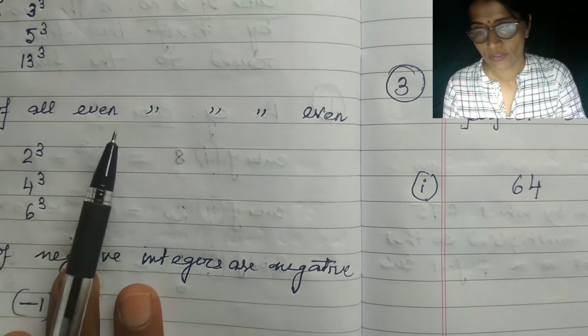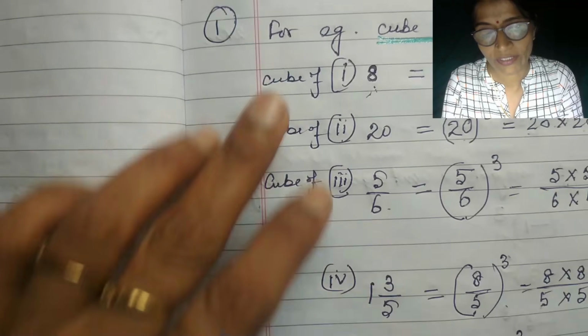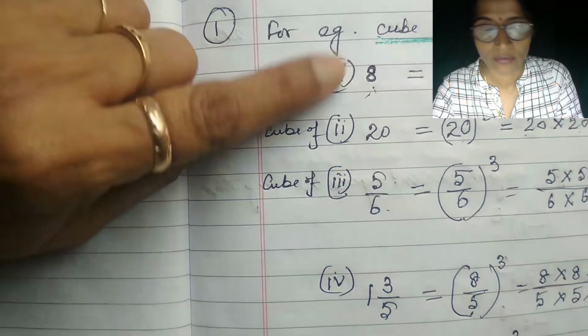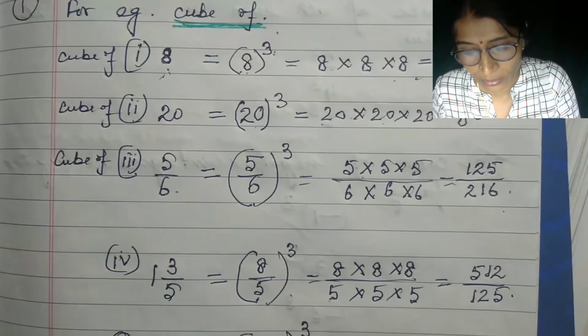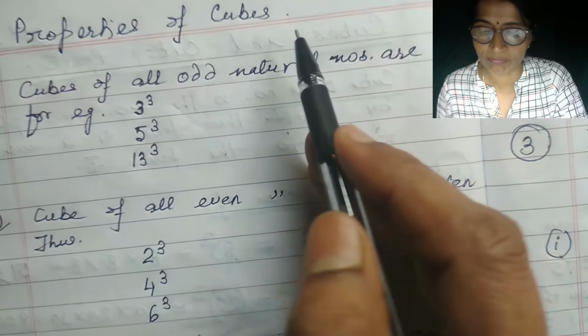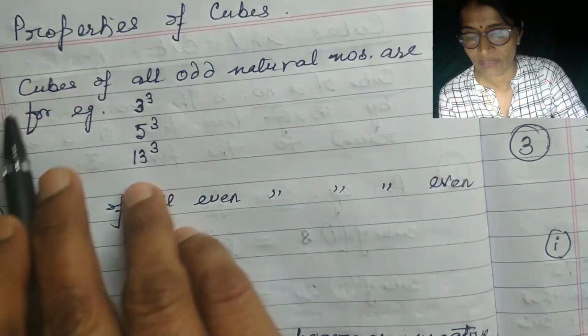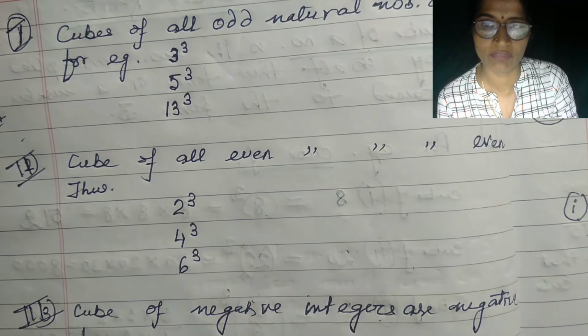Next, from here what do you observe if it is an even number like 8, 20, or 6? These are the properties of the cubes. The cube of an even number will always be even.